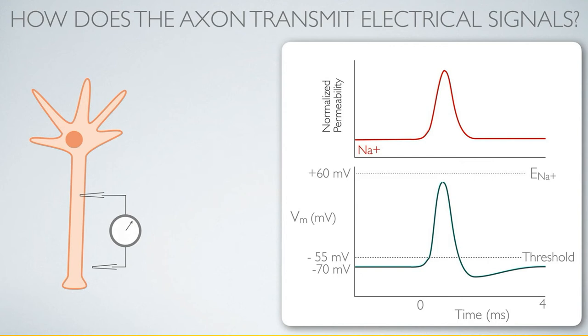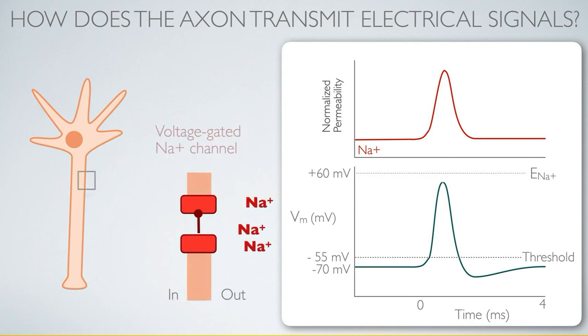Let me be more specific. Here we're going to focus on the membrane, and what we'll notice in the axon is that there are many, many voltage-gated sodium channels. These are the mechanism for the rapid change in permeability that drives an action potential.